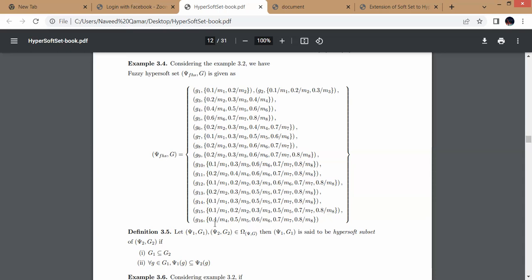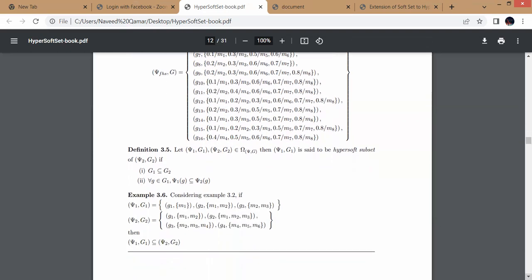M4 has 40% of these attributes, M5 has 50%, and M6 has 60%. M7 has 70% of these attributes, and similarly M8 has 80%.